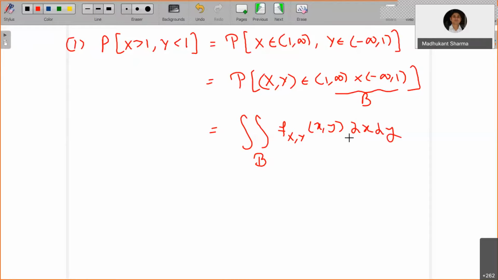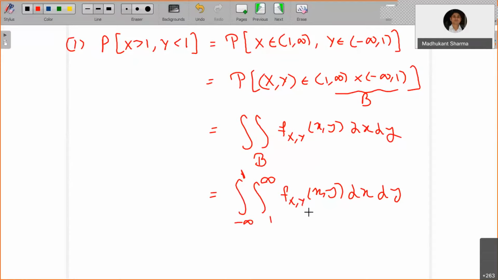I am following the same order: for dx the limit is 1 to infinity, and for dy the limit is minus infinity to 1.